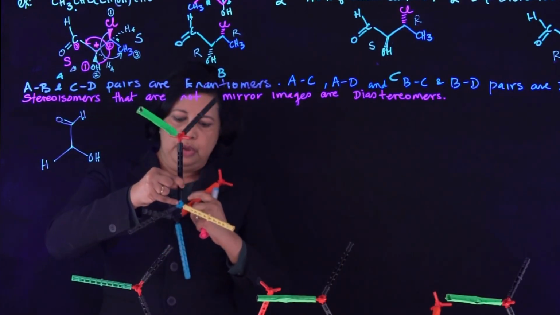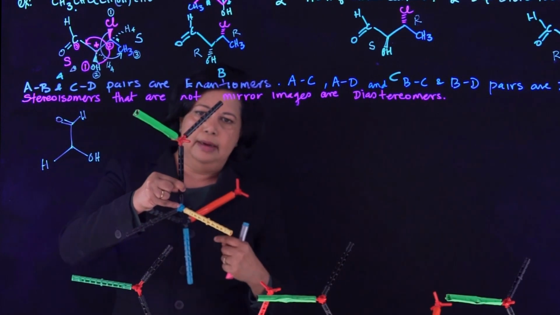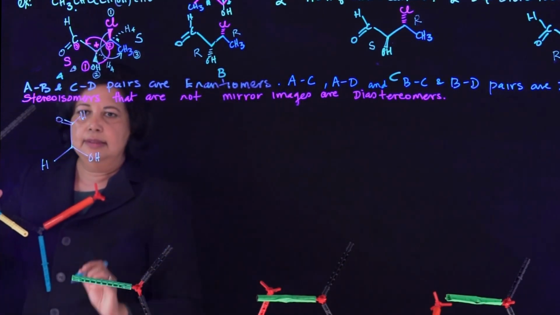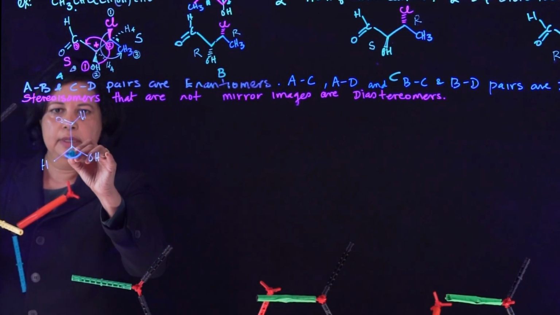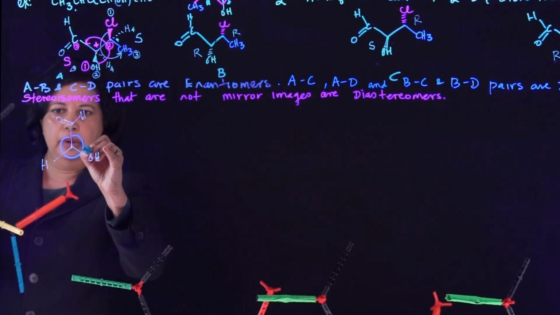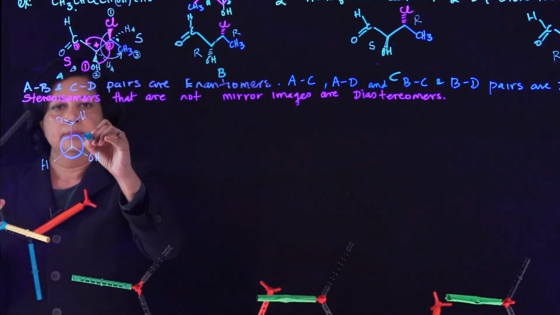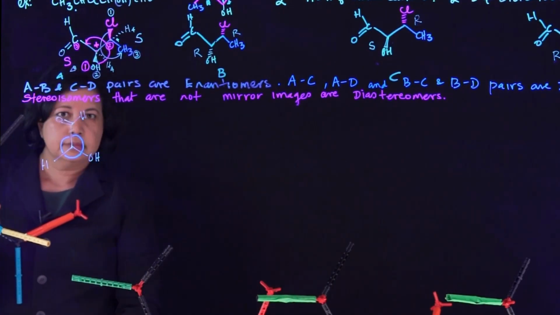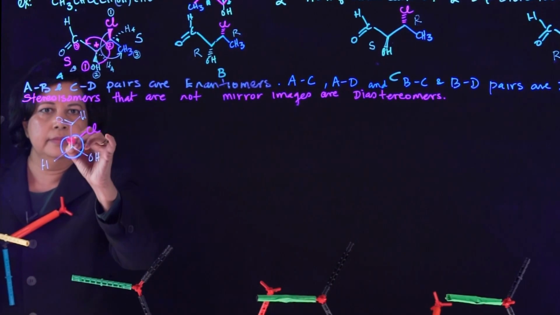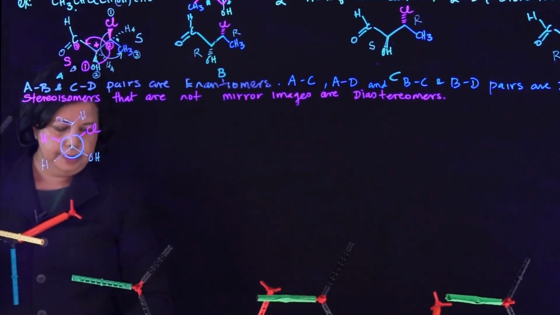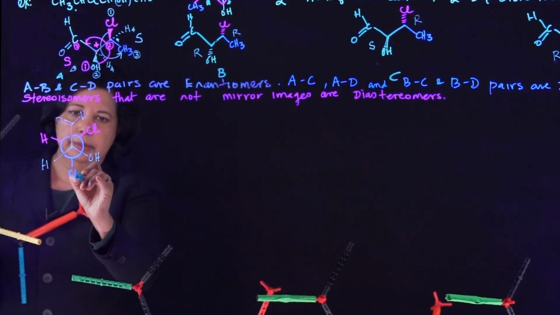So we're going to draw a circle for that back carbon. And so the circle there would have the chlorine on the same side as the hydroxyl. And I'll put the methyl in blue.